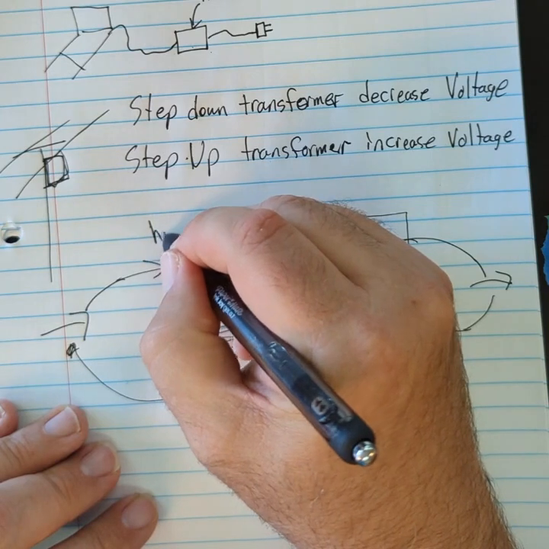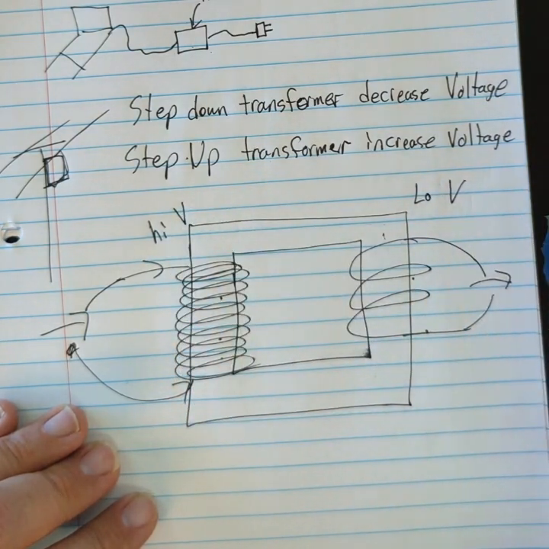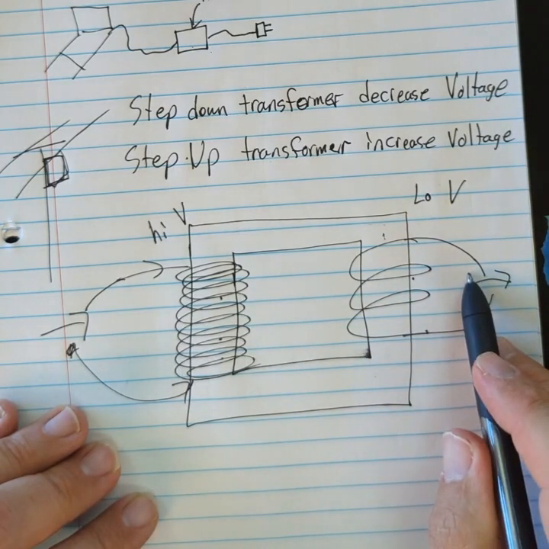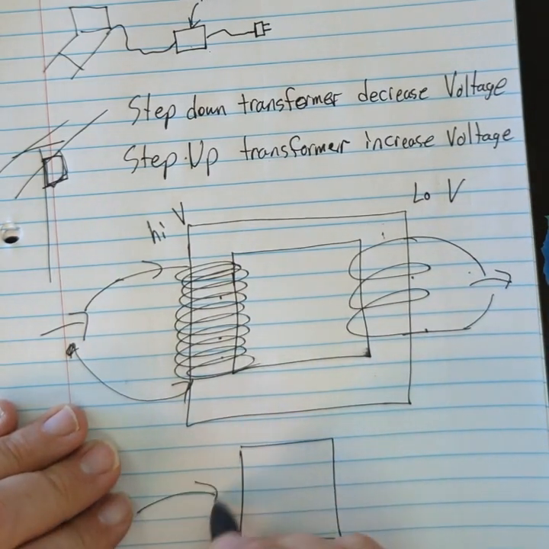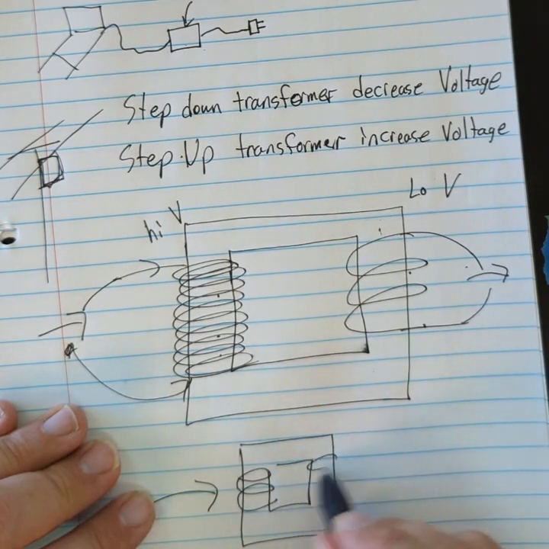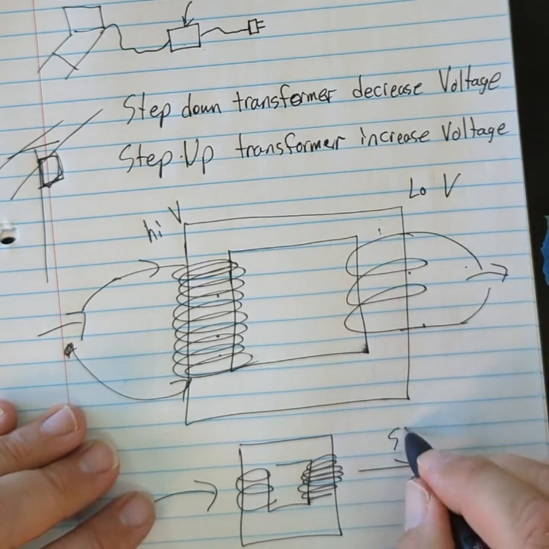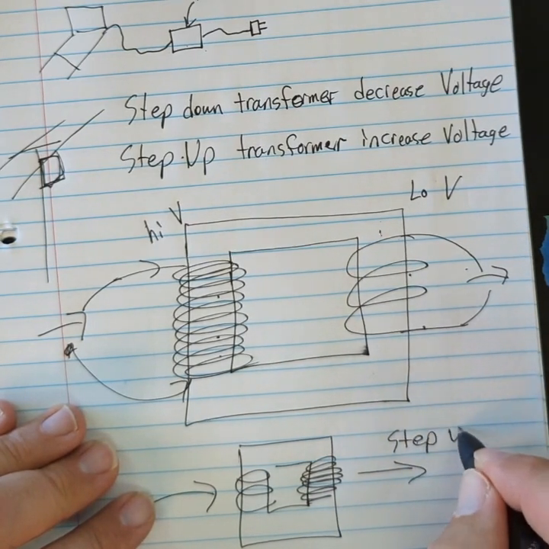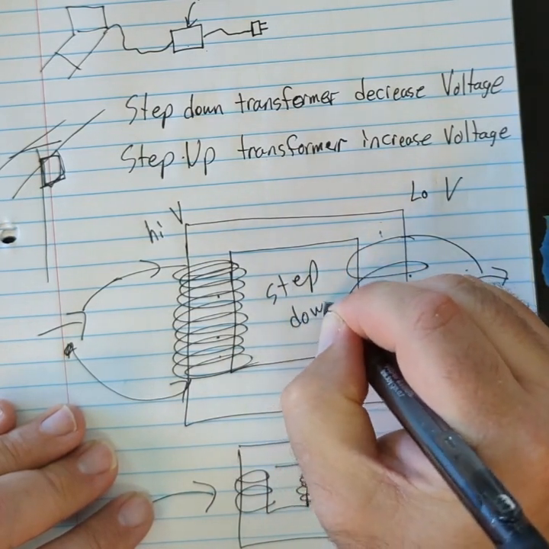So you have a higher voltage up here and a lower voltage over here. So this is a step down transformer. Now if you had it the other way and you had power coming in here and you had a few coils here, and you had lots of coils here, and the power going out, this would be a step up transformer. This is a step down transformer.